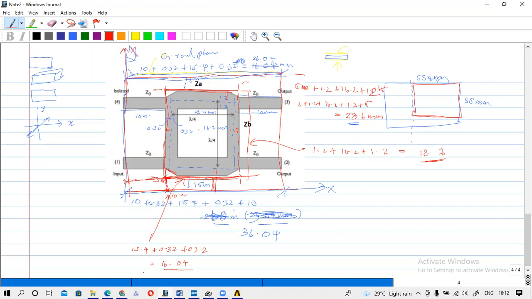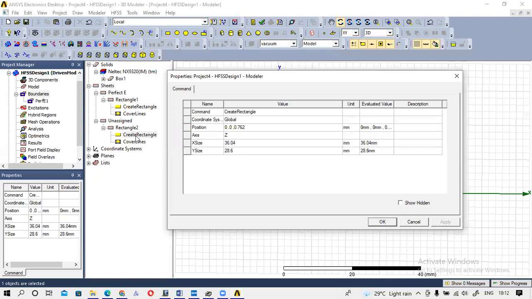So I put like that. The x-axis will be 10 millimeter, and the y-axis should be 5 millimeter. Then what is the x-axis length?